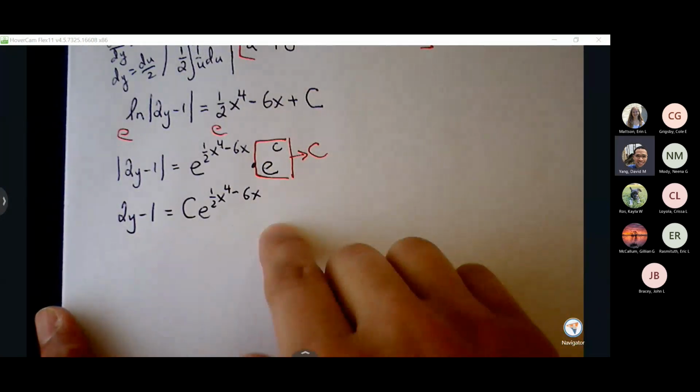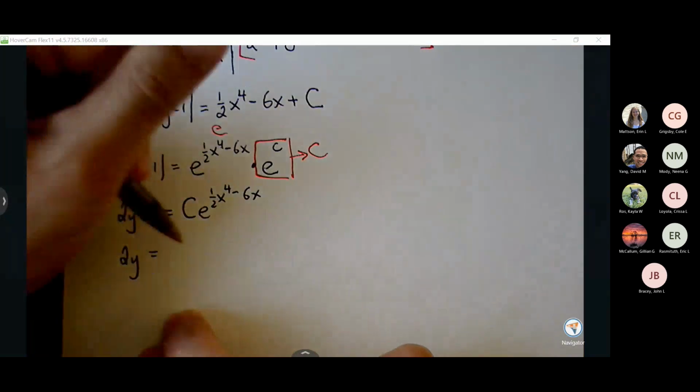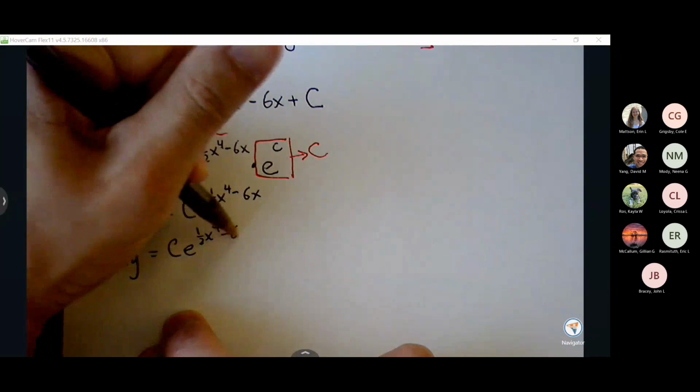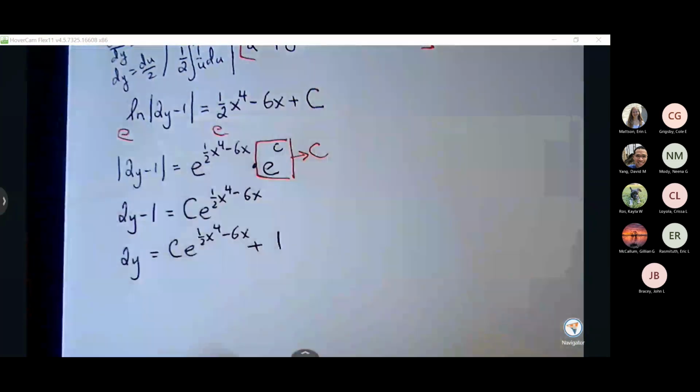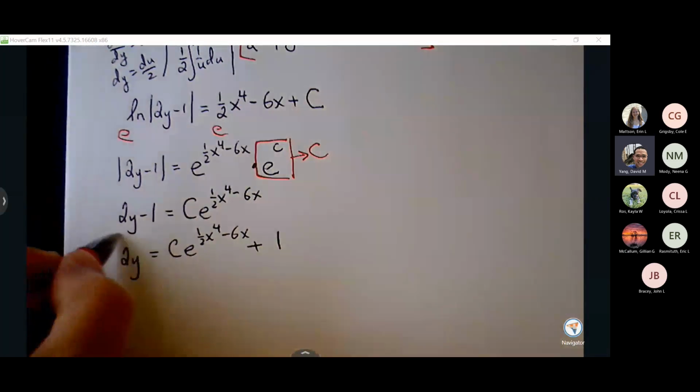I'm going to solve for y here, so I'll add 1 to both sides. Divide by 2. Divided by 2 is the same thing as multiplying by 1/2.